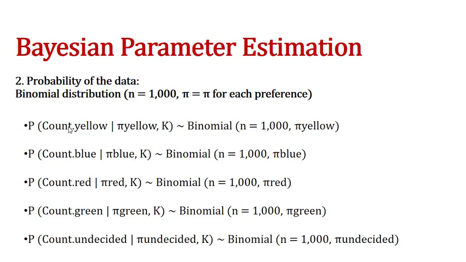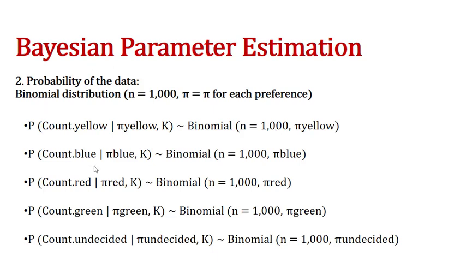Now, as you go further away from 200, it's less likely. And in order to express that, we need a distribution. The binomial distribution is the perfect distribution to do that. So basically it will say if the pi yellow is 0.2, then the probability of obtaining 200 is the highest and other values are lower.